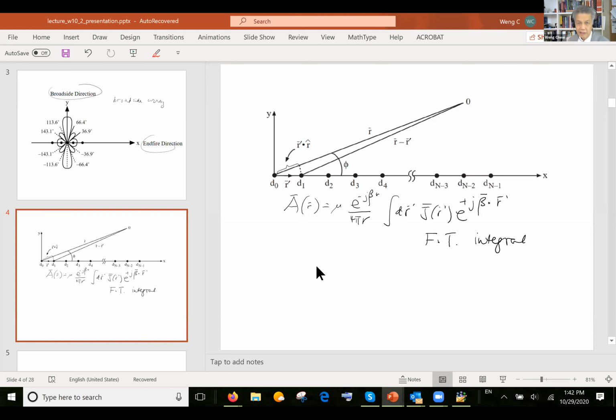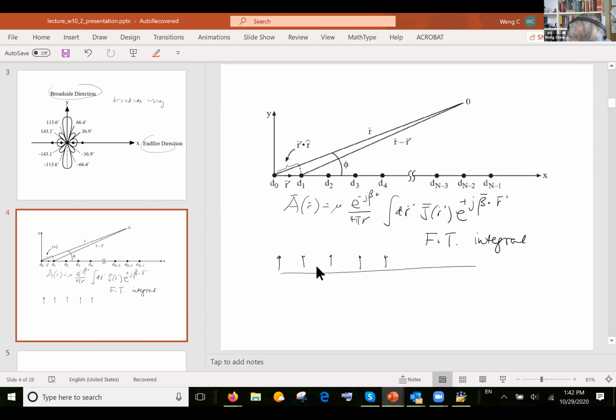And how do we gain quick insight as to how this integral should behave? If I look at an antenna array, I can use something that I learned in digital signal processing. The current actually can be thought of as impulse functions at these locations.